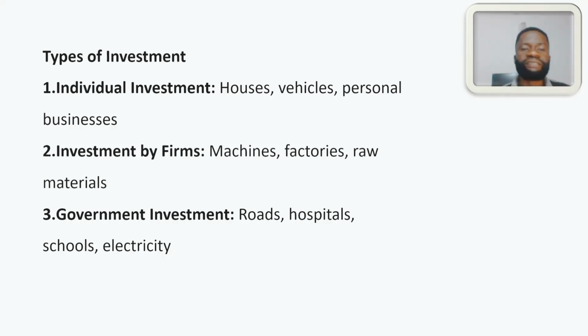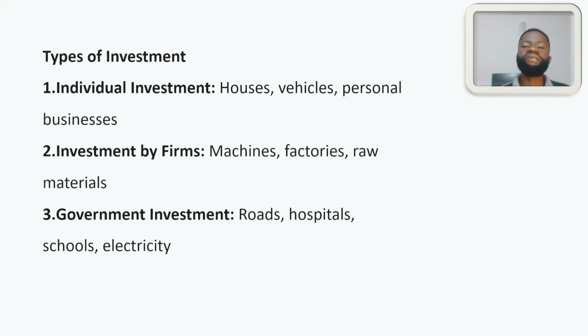These investments help individuals to increase their standard of living and ensure financial security. Examples are building of houses, buying of vehicles, or someone starting a personal business, or someone buying a farmland for commercial agriculture. These are individual investments, and this helps to increase personal income. It also creates employment and reduces dependency on salaried jobs.